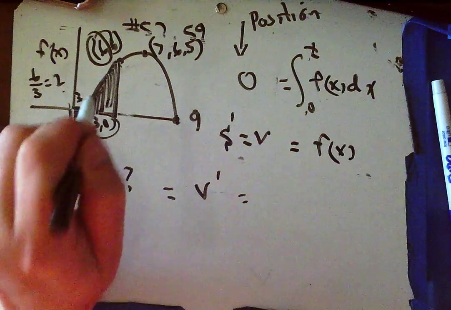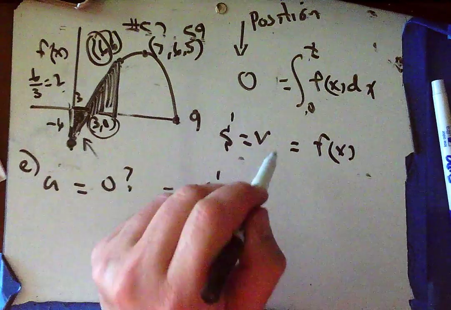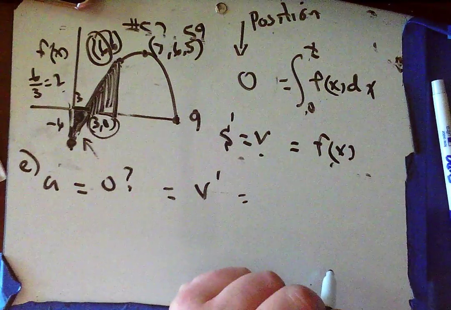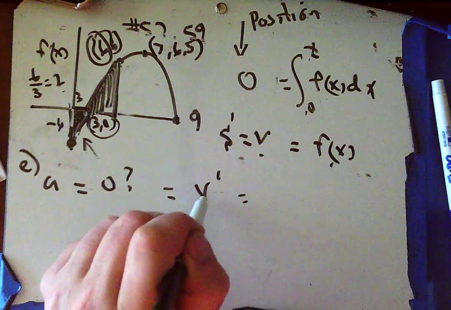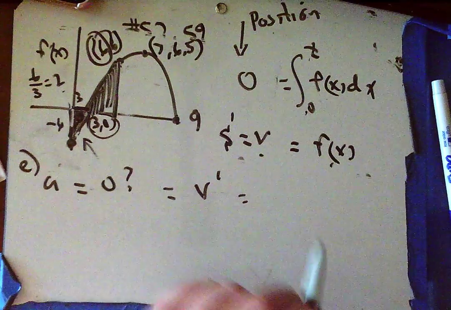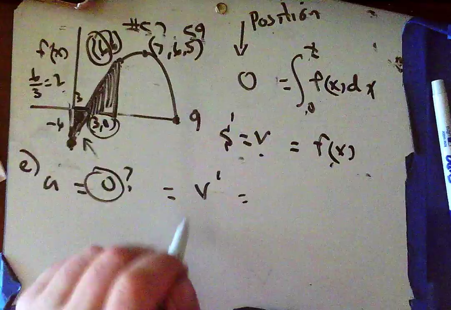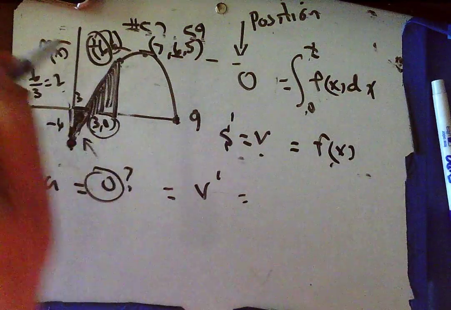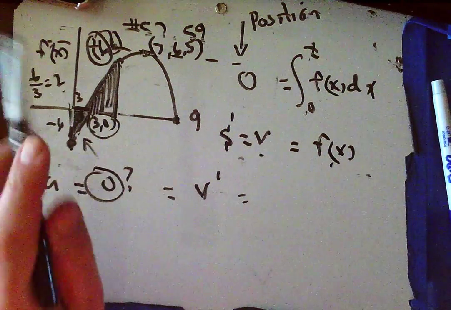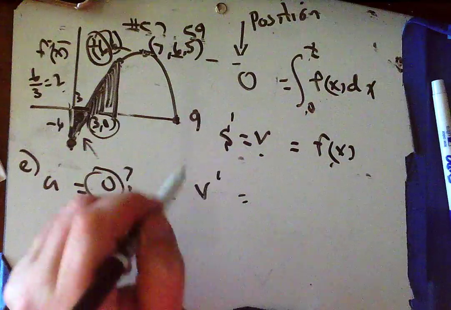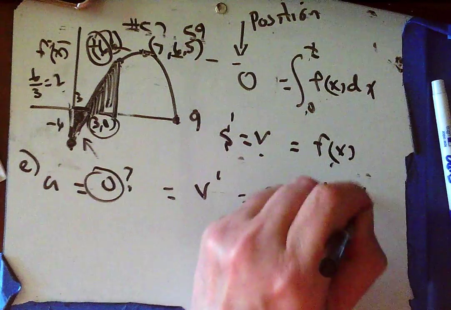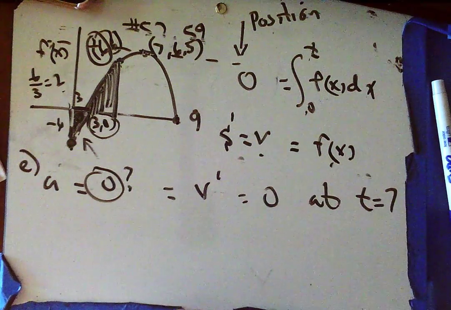And we're looking at a graph of v, right? V is this f graph. So when are the slopes on the graph we're looking at equal to 0? Well, the only place I have a 0 slope that I can see on this graph is at t equals 7. At t equals 7.